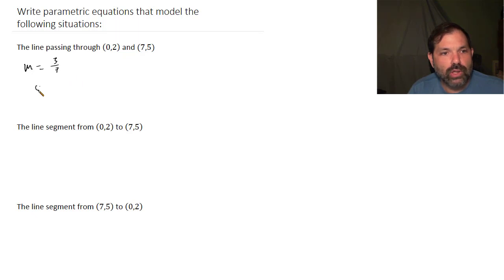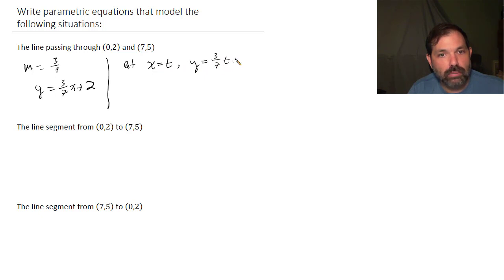So I can write this equation as y equals 3/7 x plus 2. Now that's not a parametric, that's the Cartesian equation. So instead we can say, let x equal t, then y equals 3/7 t plus 2. Easy. That's one way to write the parametric form.